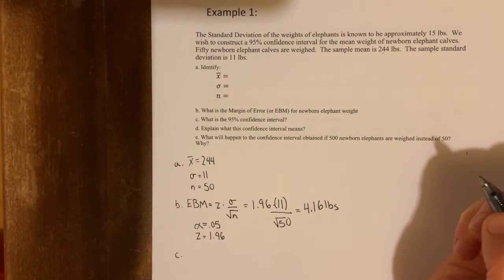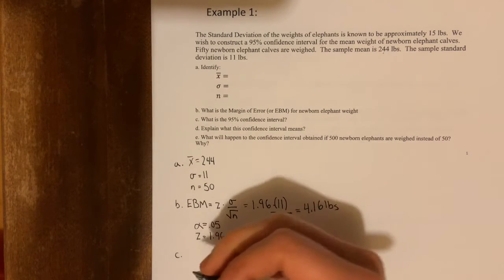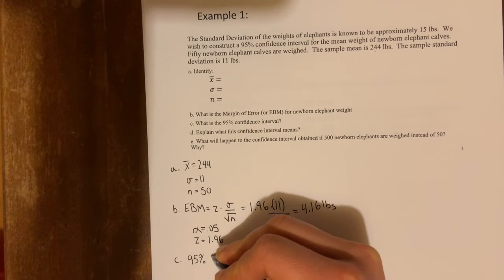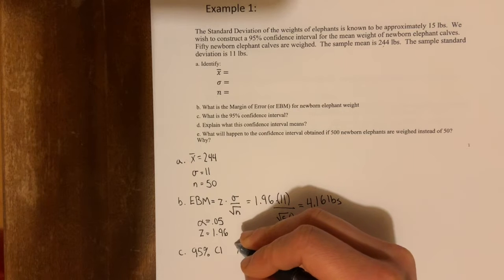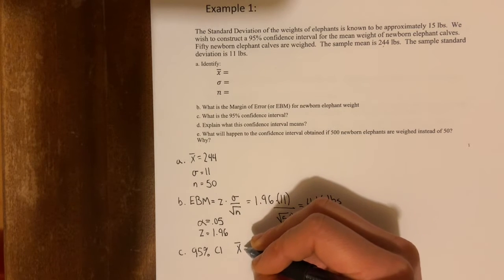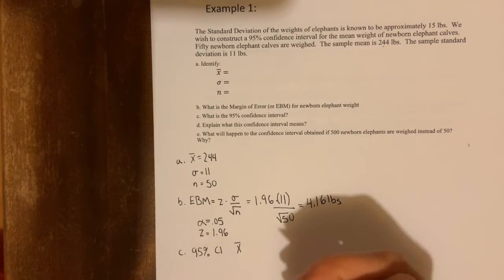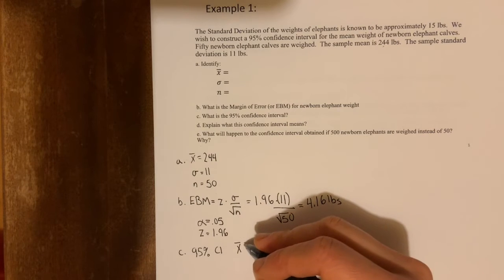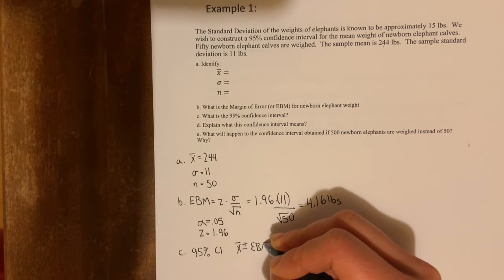Part C is asking us to find the 95% confidence interval. The formula for that would be the point estimate, which in this case is the sample mean, plus or minus the error-bound margin.